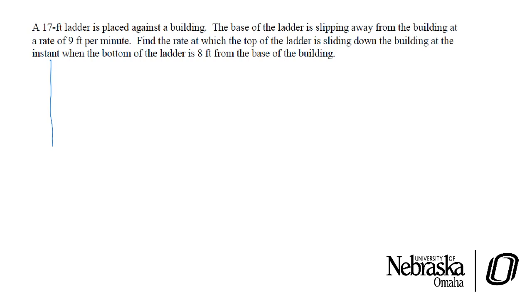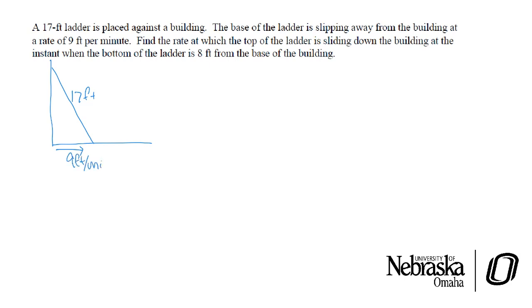Here's the wall, here's our ground. We have a 17-foot ladder placed against a building, so this length here is 17 feet. The base of the ladder is slipping away from the building at a rate of 9 feet per minute.